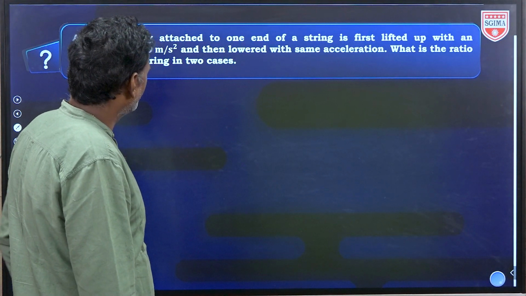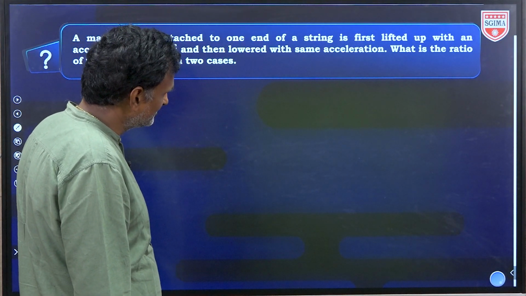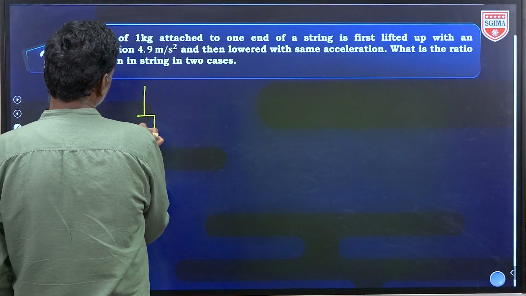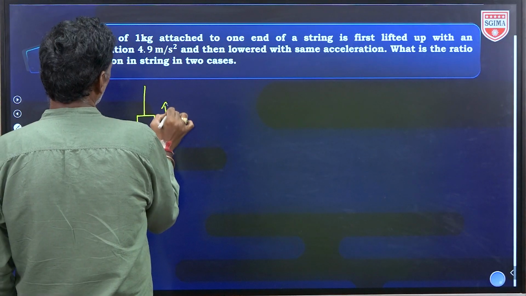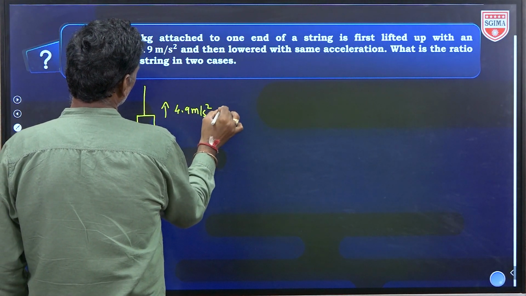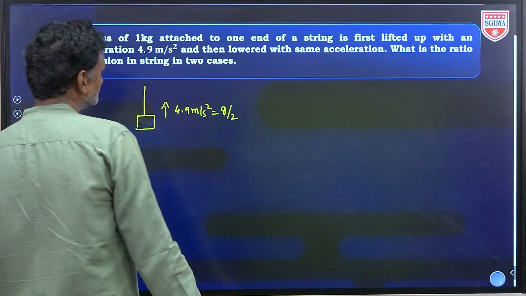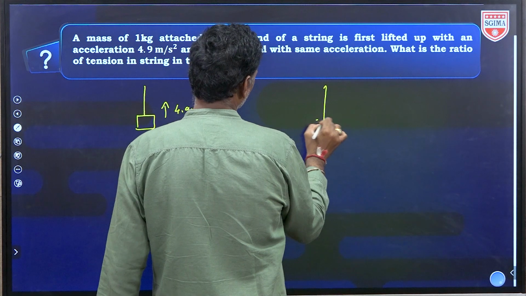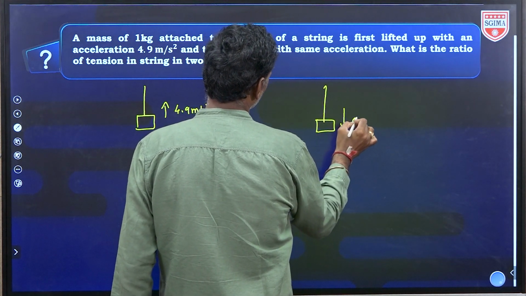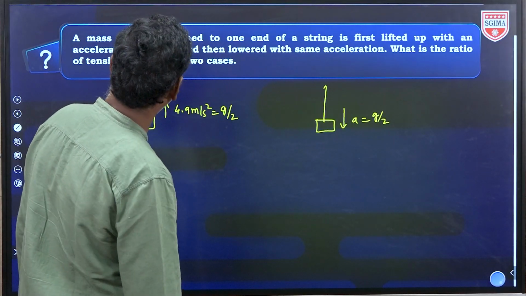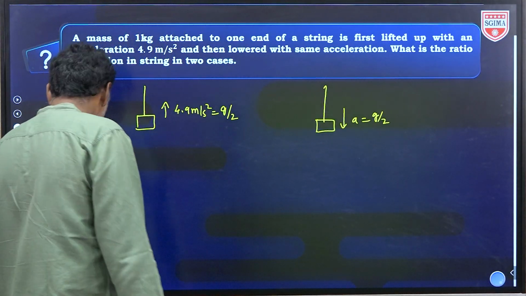A mass of 1 kg attached to one end of a string is first lifted up. So here it is a string, okay, it is lifted up with 4.9 meter per second square, which is equal to g by 2, and then lowered with the same acceleration. Then what is the ratio of tension in the string in the two cases?